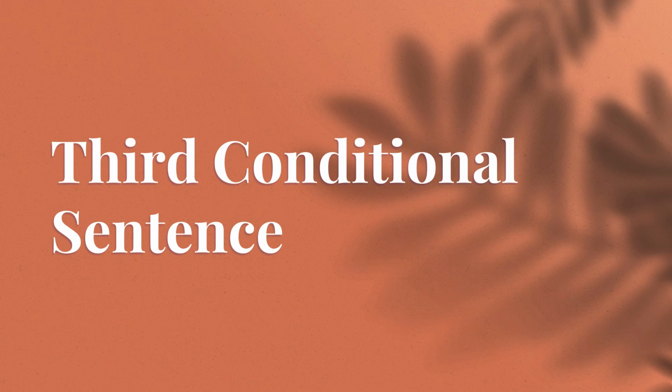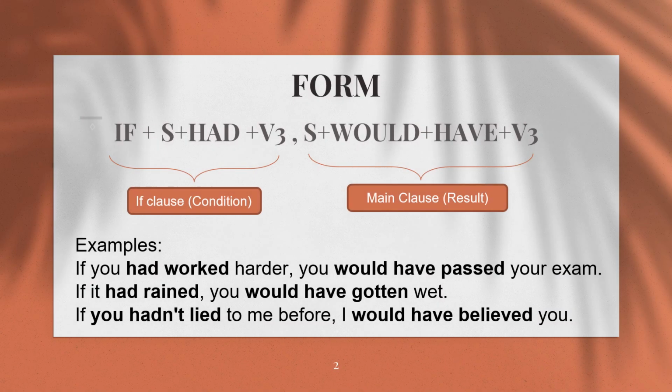We will see the functions of third conditional sentence. First of all, you should know the form. Third conditional sentence consists of two clauses, if clause or the condition and the main clause or the result.